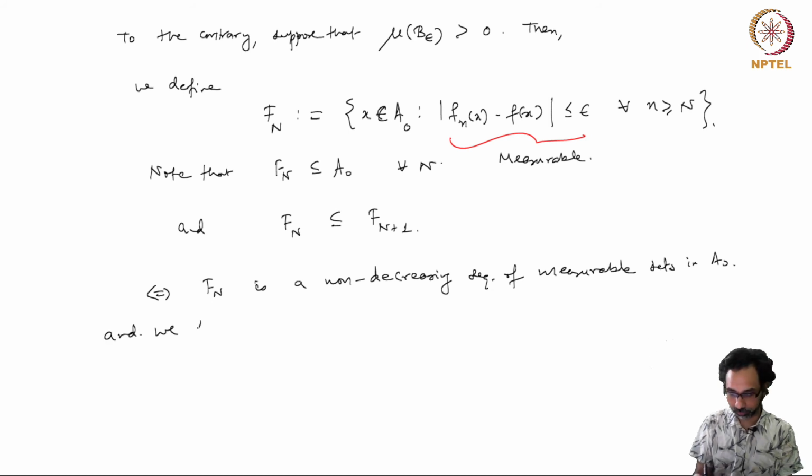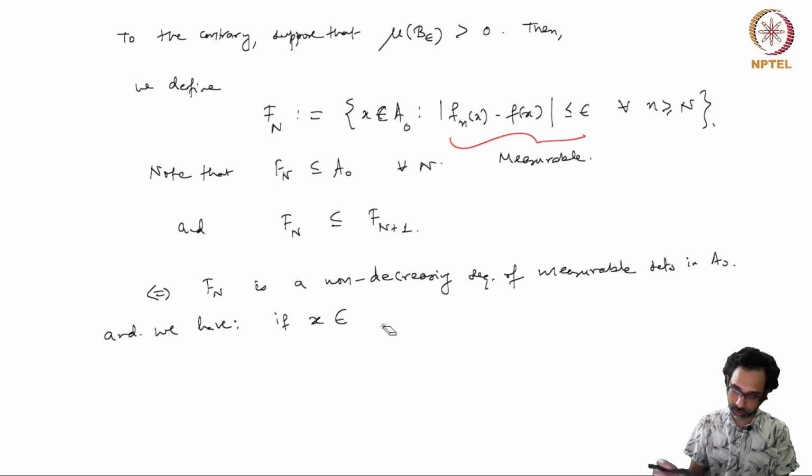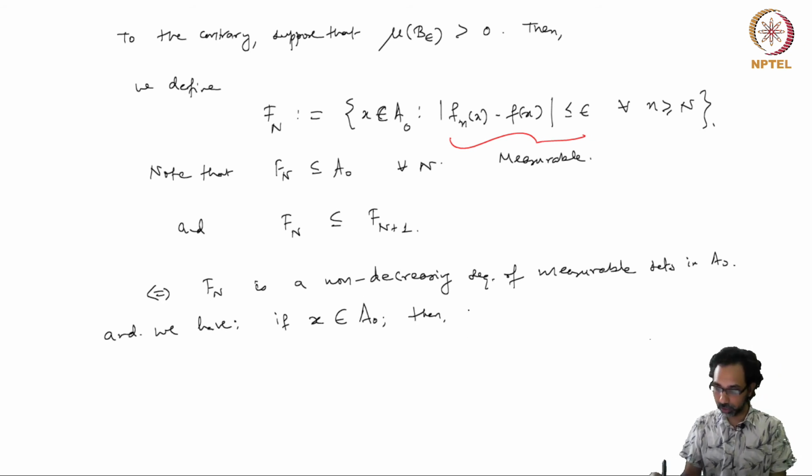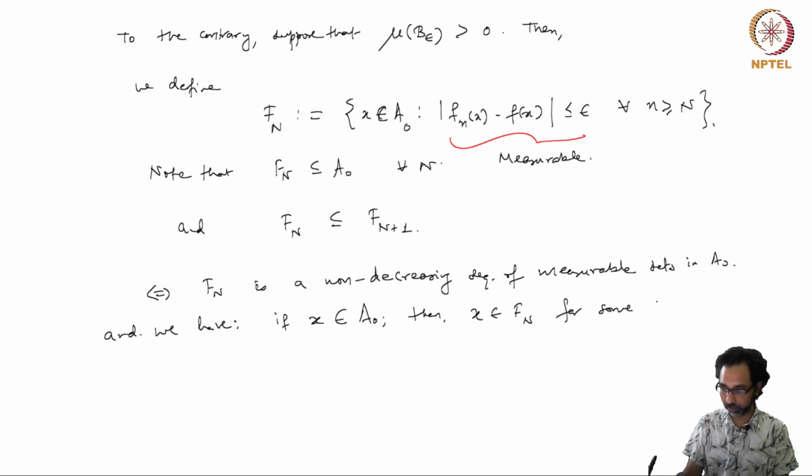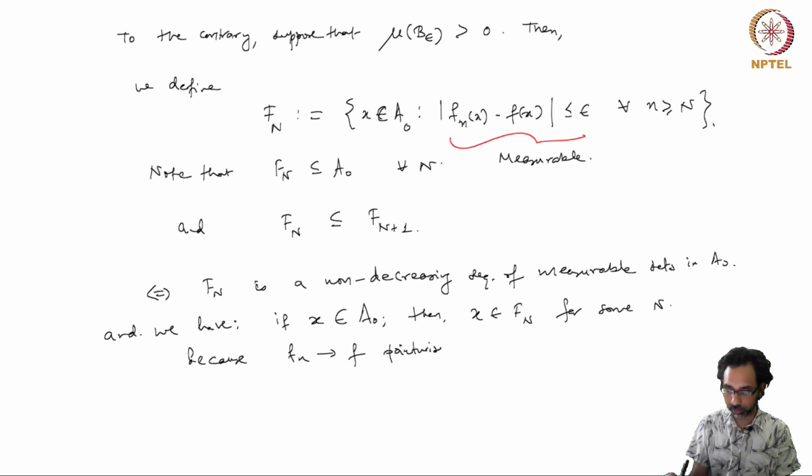And we also have that if x belongs to A0, then x belongs to F_N for some N, because f_n converges to f pointwise almost everywhere.